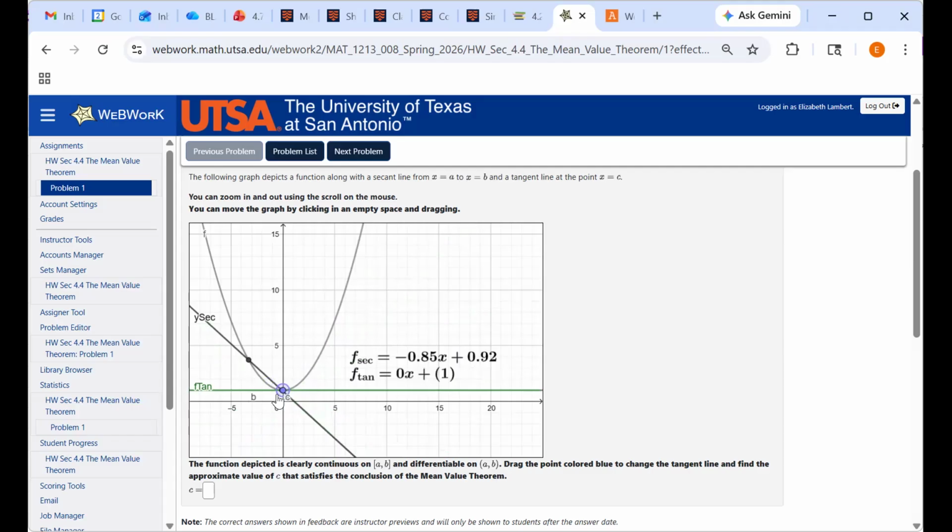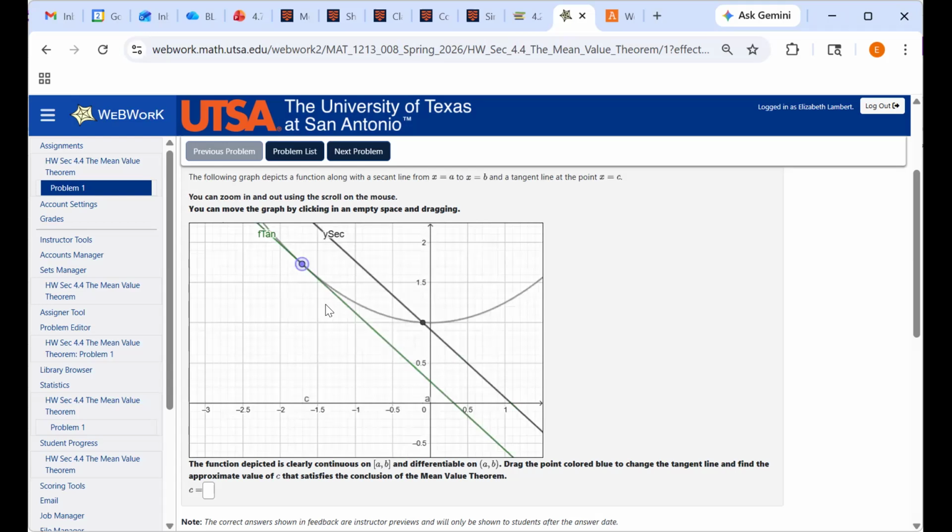So I go between A and B. The slope at A is 0. The slope at B is like negative 1.63. So somewhere in between there, it should hit negative 0.85. So I'm just carefully moving my x value, my point.